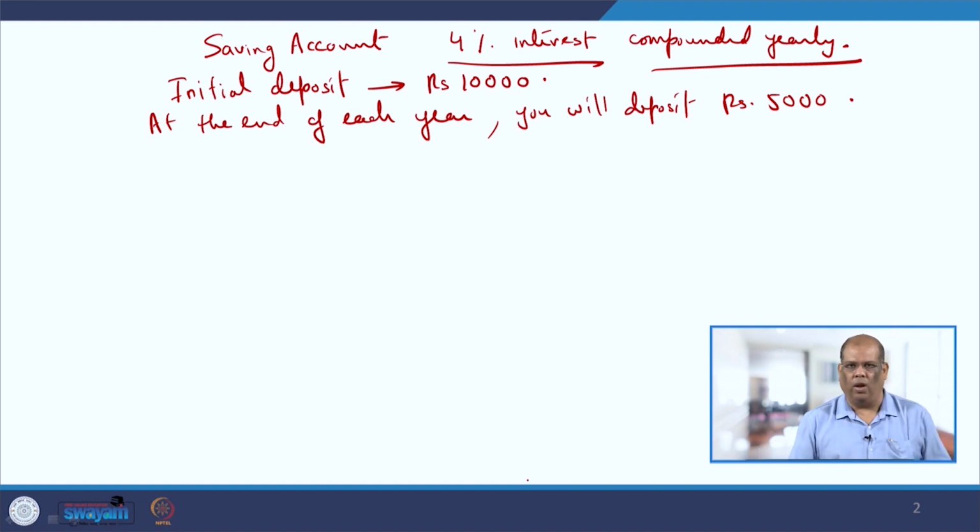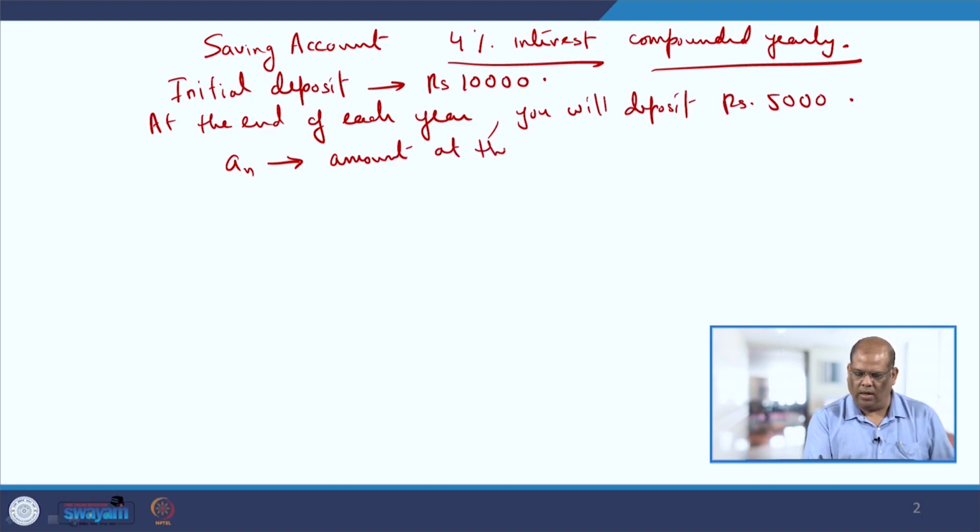So, if you want to model this kind of situation, you take say A_n, that is the amount at the end of year n. So, what will be your A1?